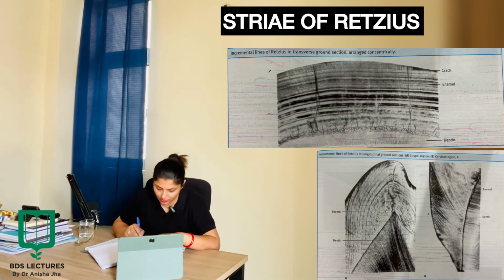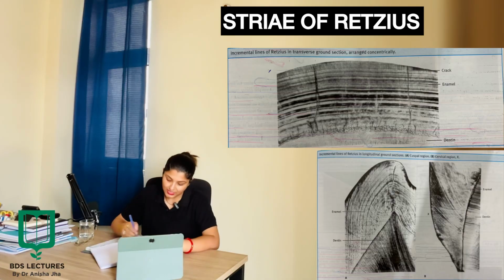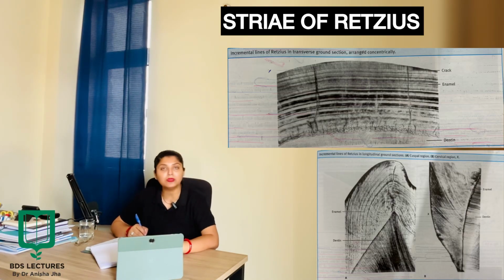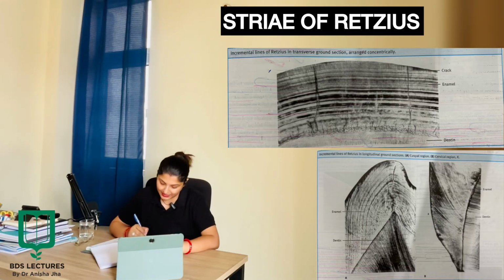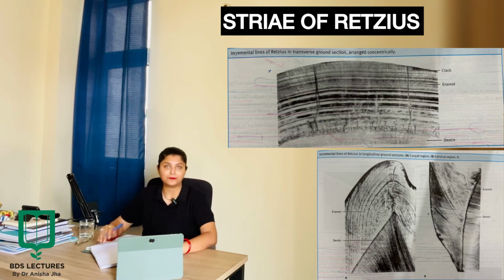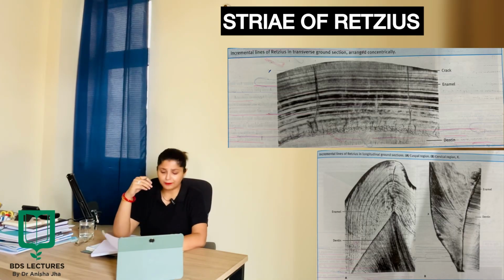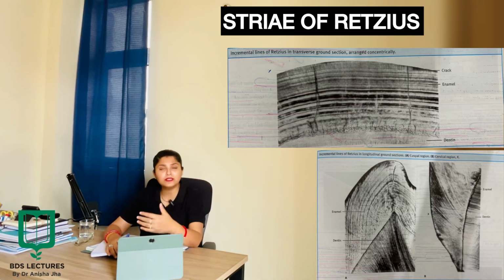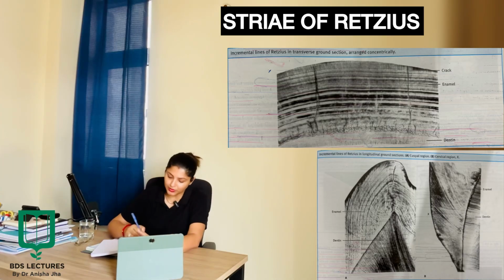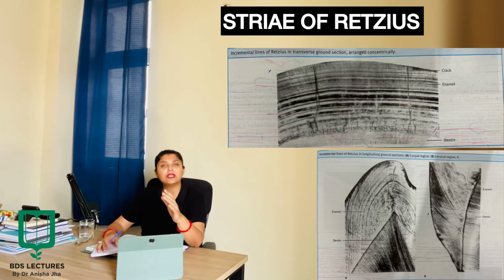What happens is, if the incremental lines of Retzius are moderately present, they can be considered as a normal variation.